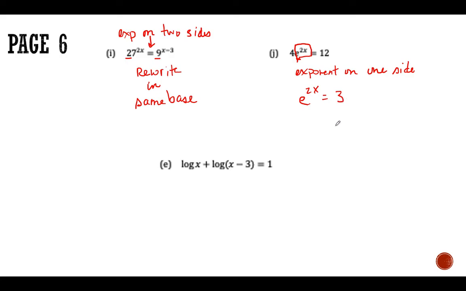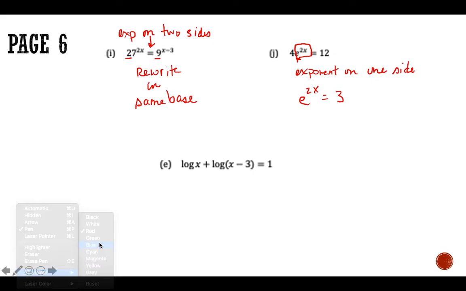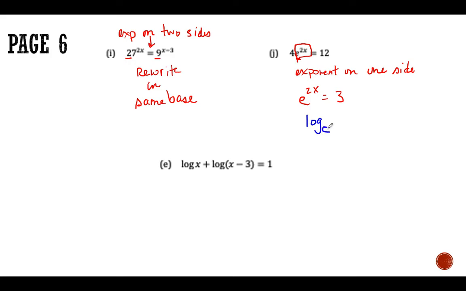And now I have to use some log rules. I have to remember the fact that logs are exponents. And I've got to translate this into logs. The exponent that turns e into 3 is 2x. Remember, my job is to solve for x.